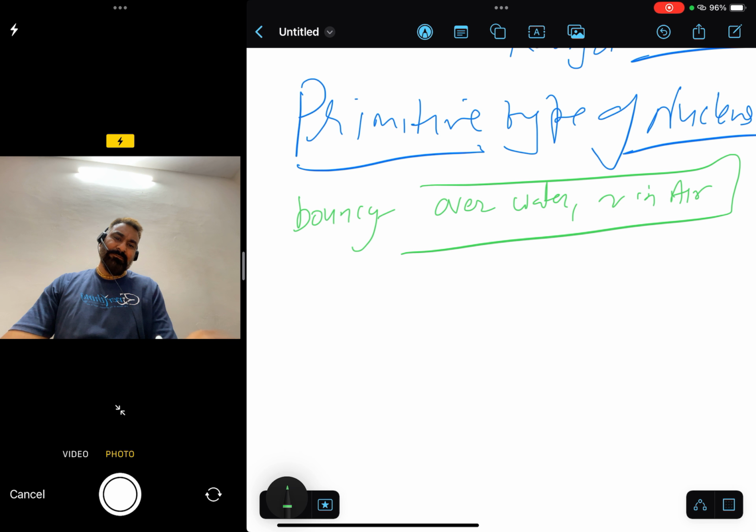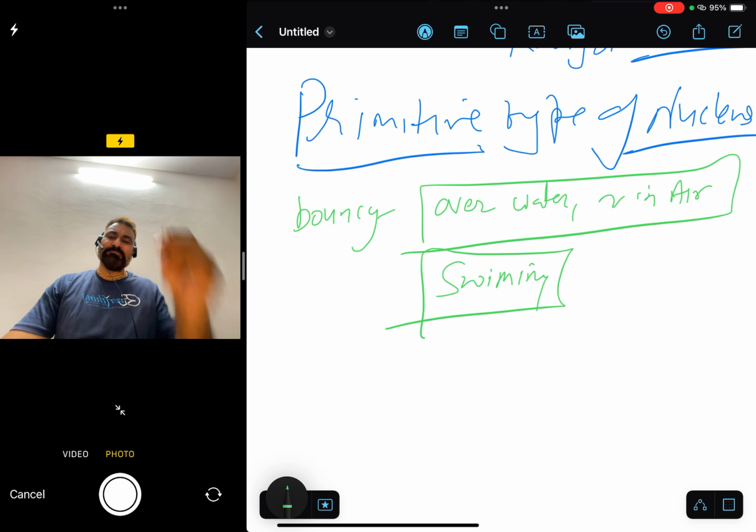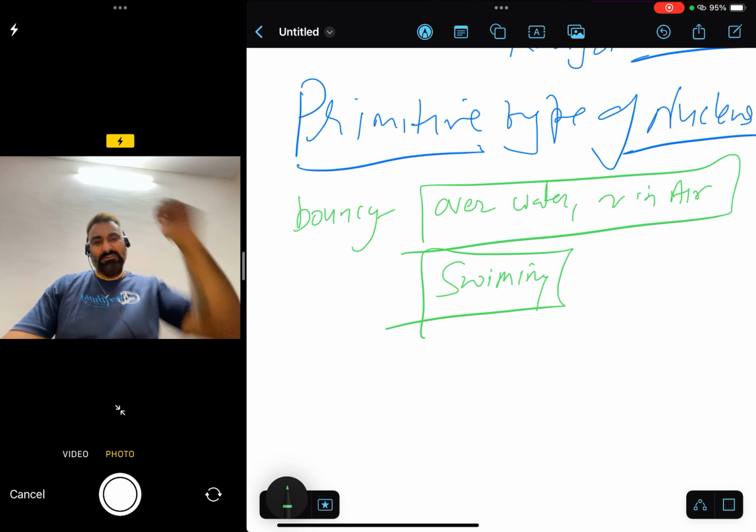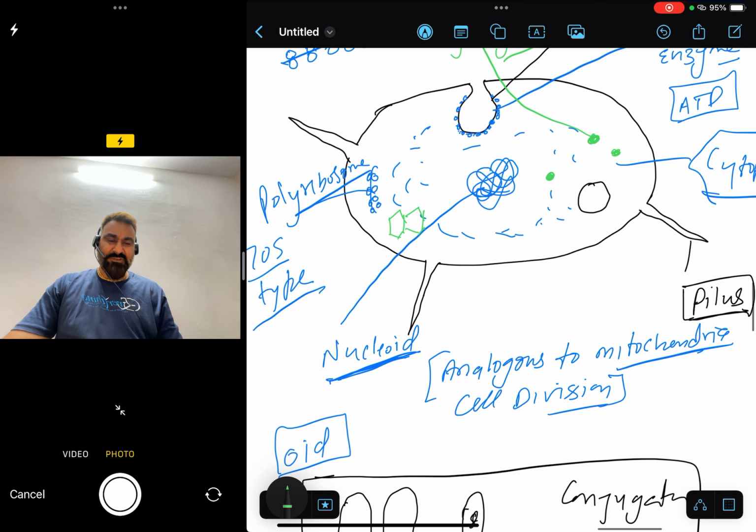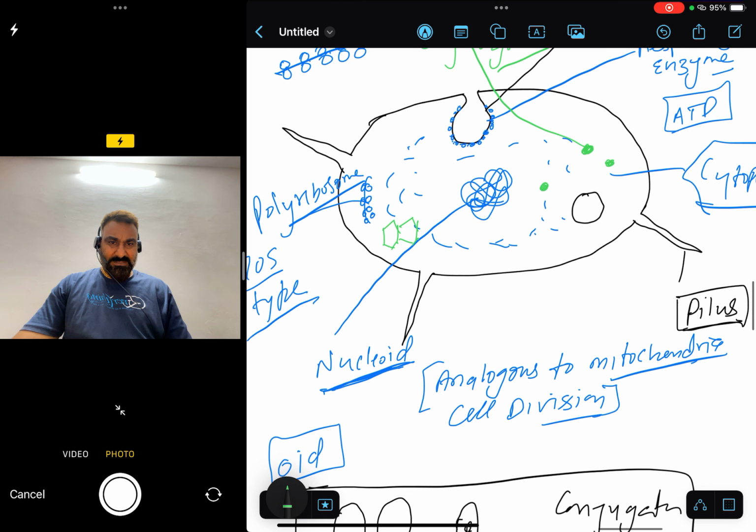It helps in swimming of bacteria in air and water. Okay, so some bacteria contain gas vacuoles. That's why bacteria are present everywhere. So these are some internal structures.